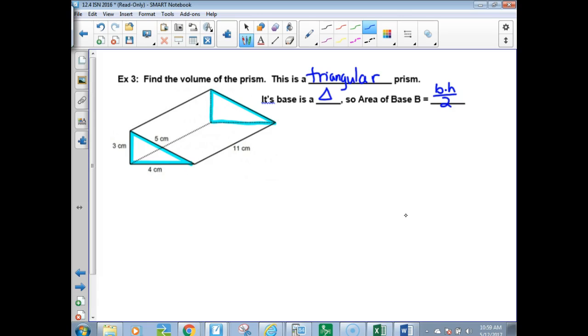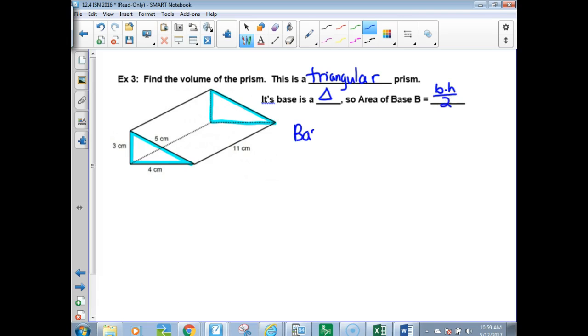And I know that sometimes it seems to get a little confusing that we interchange the word base within the formula versus being the area of the base. We're trying to remember that the base is a triangle of that prism, okay, and the formula for finding the area of a triangle is base times height divided by 2.